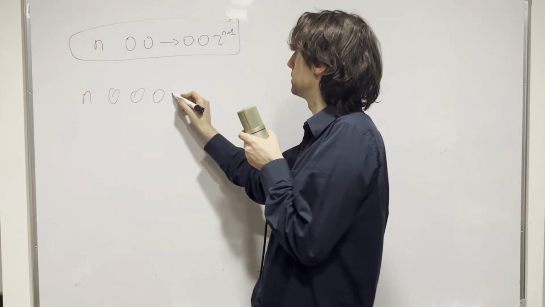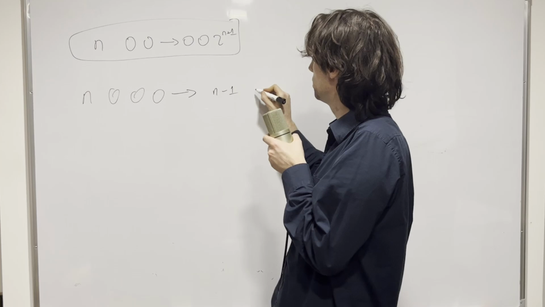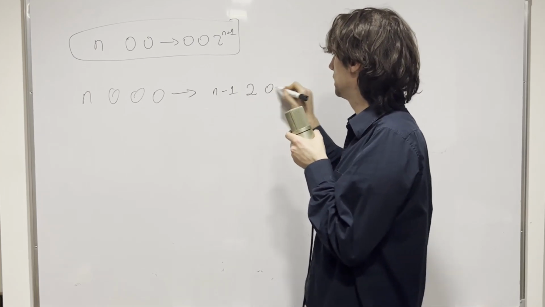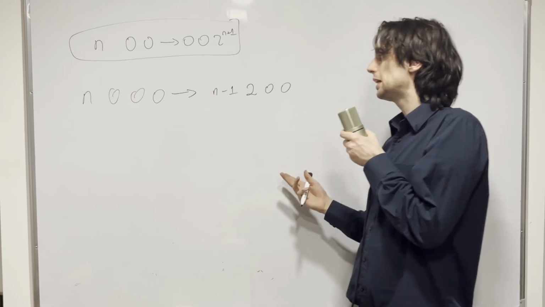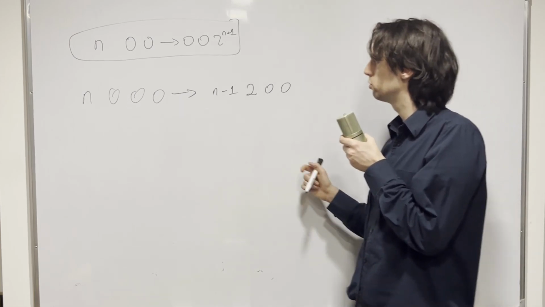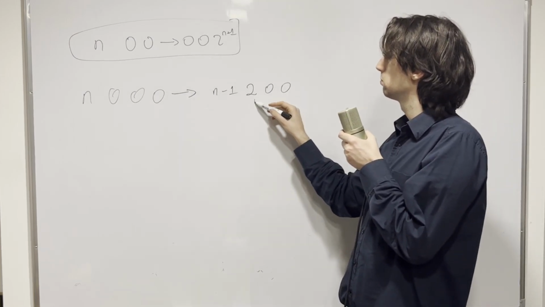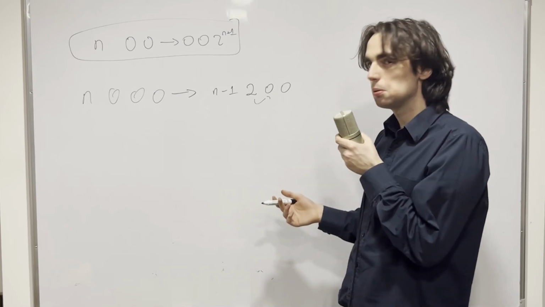Well, the first thing we have to do is double, right? We have n minus 2, n minus 1, 2, a 0, and a 0. Now from here, should I maybe double this?